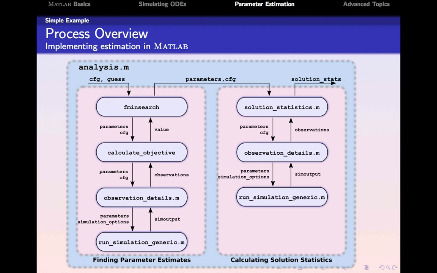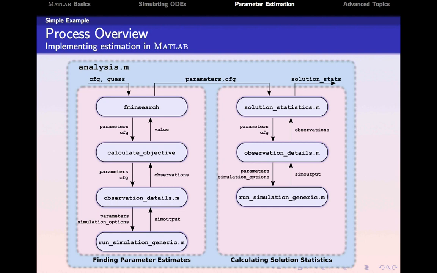So most of my scripts for performing a parameter estimation are called analysis.m. These are just scripts for managing the estimation, the generation of solution statistics, and the plotting of the results. The analysis basically consists of 2 major components.